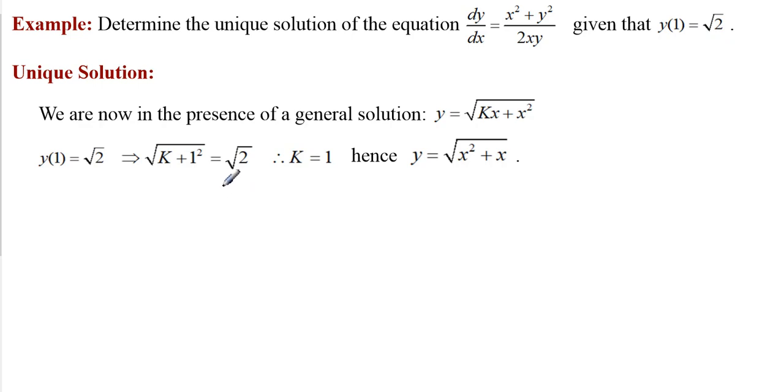Now, at this point, I think you have seen the whole procedure of solving this equation by, first of all, substituting y by vx, and after substituting and simplifying, we saw that this takes us to an equation of separable variables.